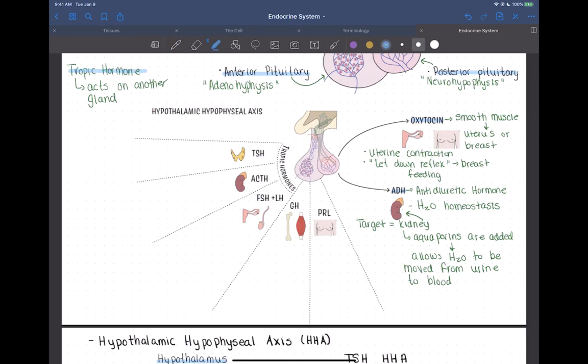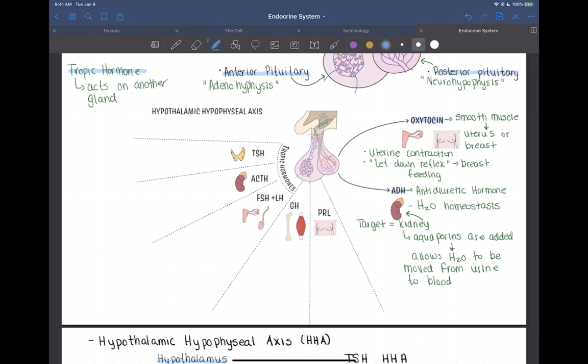Okay, and so in the anterior pituitary, we're going to have 4 tropic hormones. So TSH, ACTH, FSH, and LH, which we'll talk about in a little detail, what they do. And then we have our growth hormone and prolactin that are not tropic hormones. Okay, so what I want to do is go through the tropic hormones and how they act.